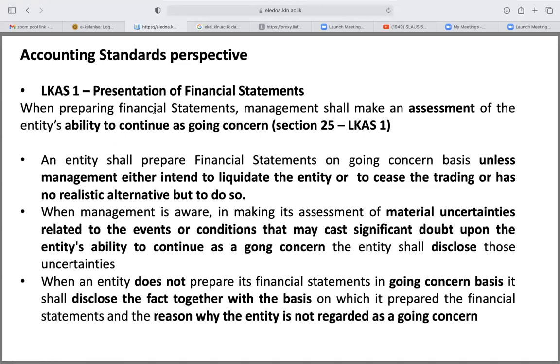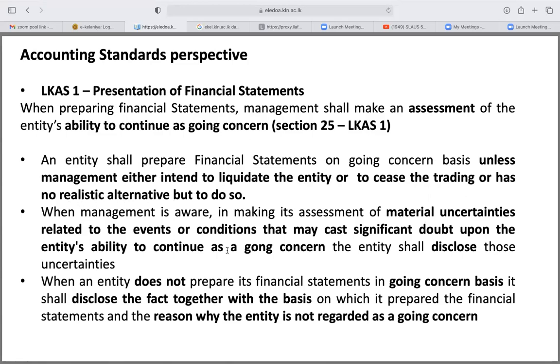So if there is no going concern ability in the financial statements, we do not want to audit it, right? An entity shall prepare financial statements on a going concern basis unless management either intends to liquidate the entity or to cease trading, or has no realistic alternative but to do so.